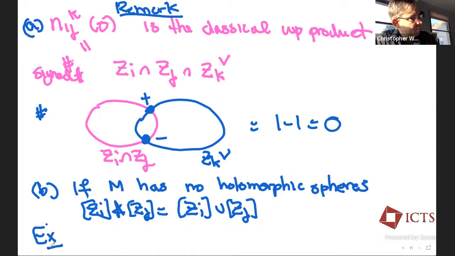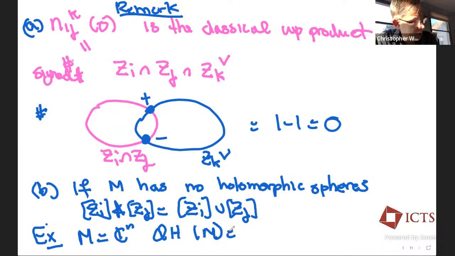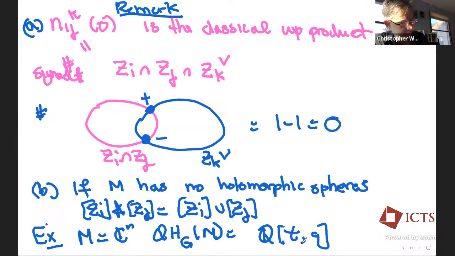So in our motivating example, M is C^n, and this certainly has no holomorphic spheres. And so the quantum homology of M is just going to be the ordinary homology. Now I'm working over Q, and there's a variable here. When I stick in the equivariant part, this certainly doesn't change.